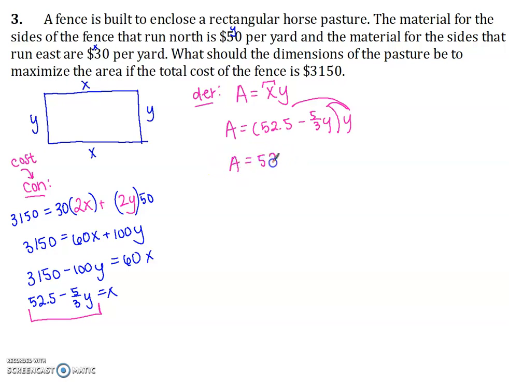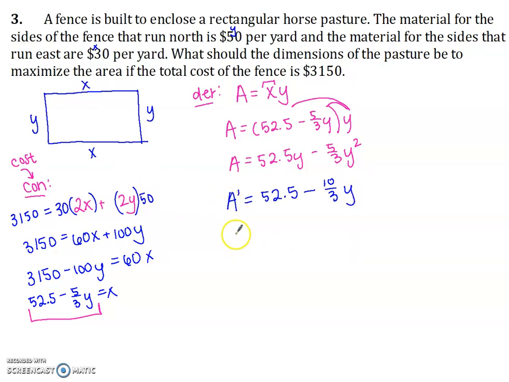So that'll be 52.5y minus 5/3 y squared. Now we only have one variable and we've distributed, so we're ready to take the derivative. So A prime equals the derivative of 52.5y, which is just 52.5, minus, bring your exponent in front, so 5/3 times 2 is 10/3 y.